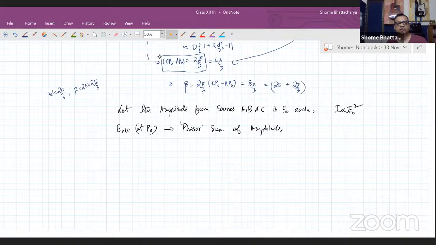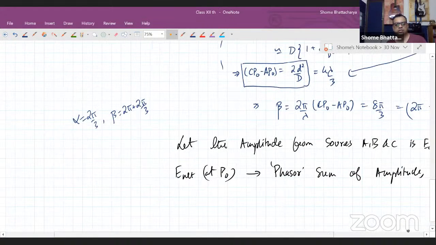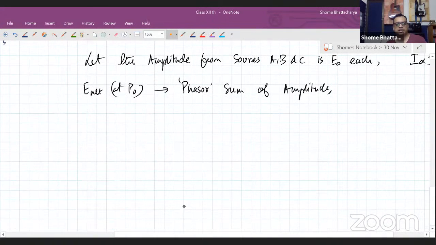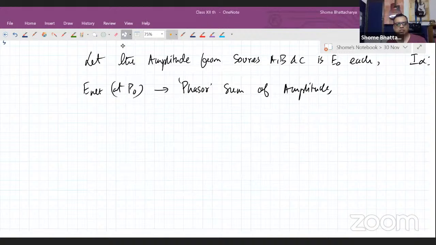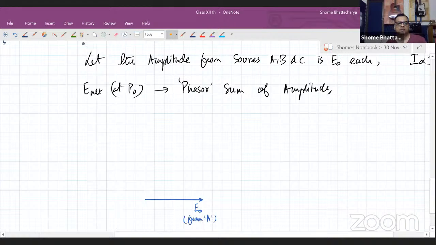So that phasor diagram now will look like this. If this is the amplitude of light coming from the source A, then the light coming from the source B will be of same amplitude and magnitude but with a phase difference of 120 degrees.